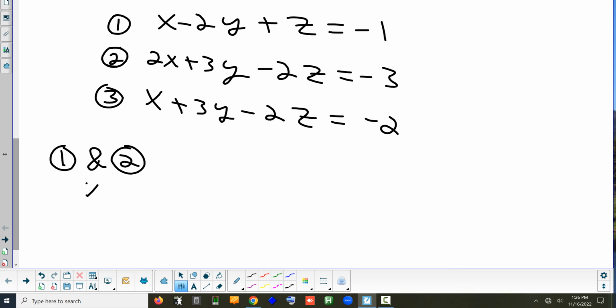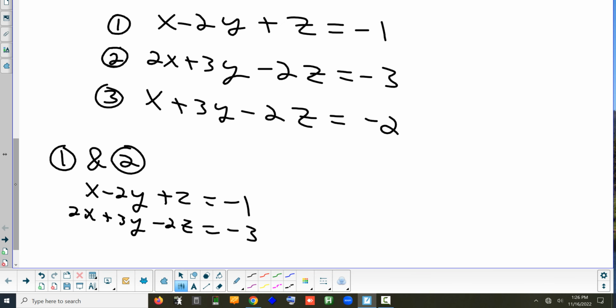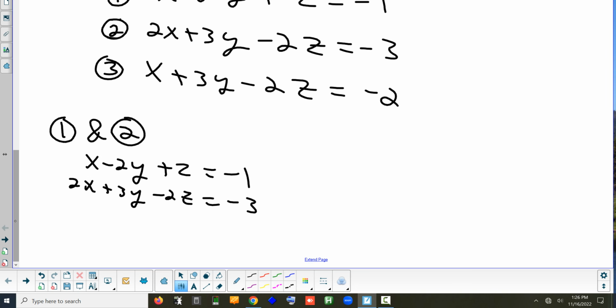All right, so we've got x minus 2y plus z equals -1, and 2x plus 3y minus 2z equals -3. Does anyone see what I could multiply the top equation by, and it will get rid of my x?